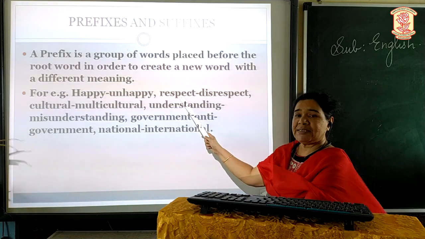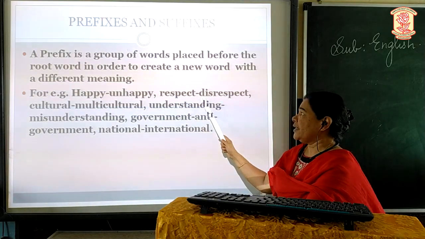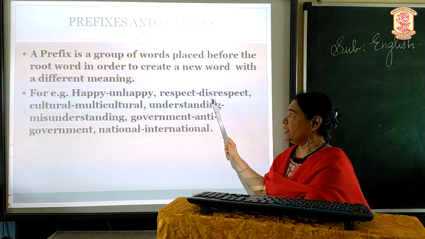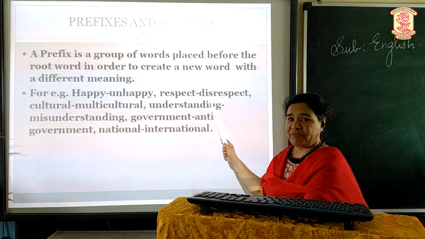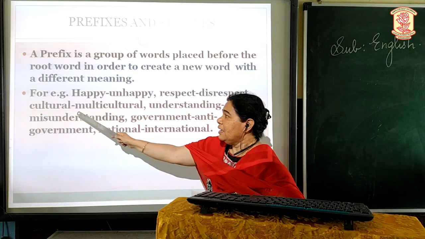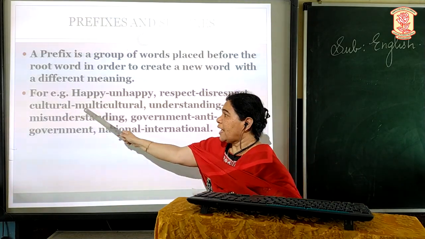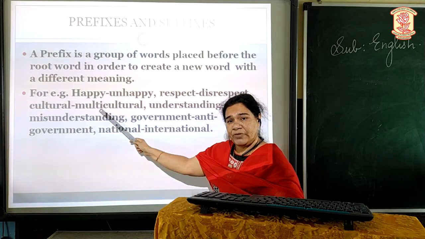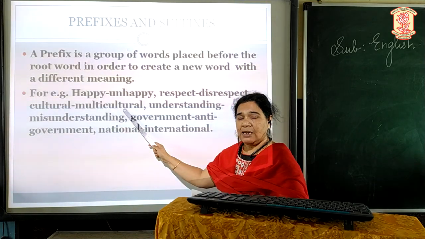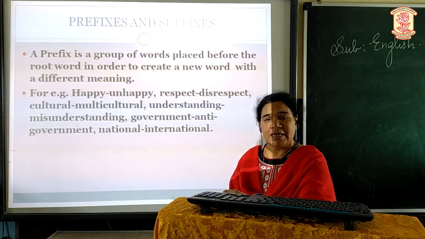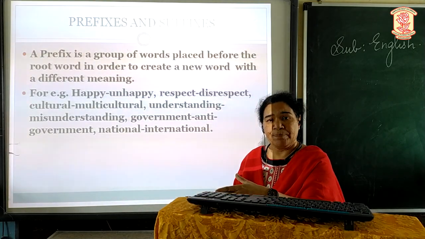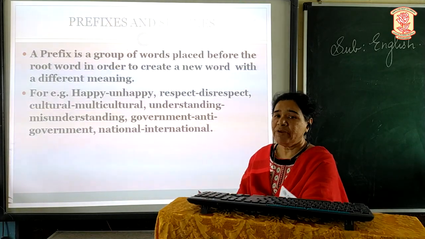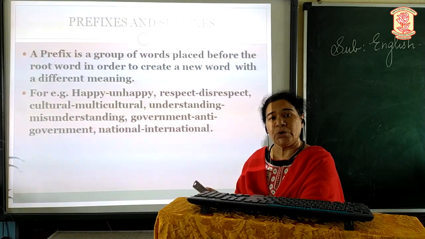Here, the root word is respect. If you add dis before respect, it becomes disrespect. So this dis is the prefix. One more example, cultural. If you write multi before cultural, multi is the prefix here. It becomes multicultural. So any group of letters that is added before a root word is known as a prefix. A prefix always comes before a root word.